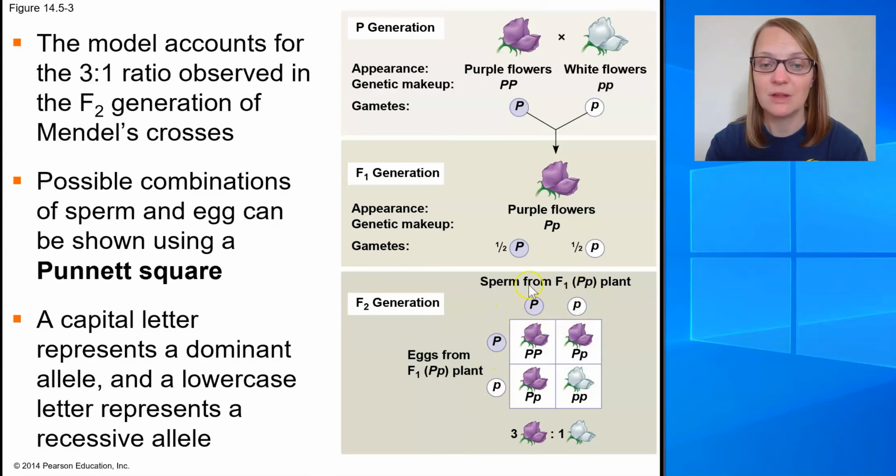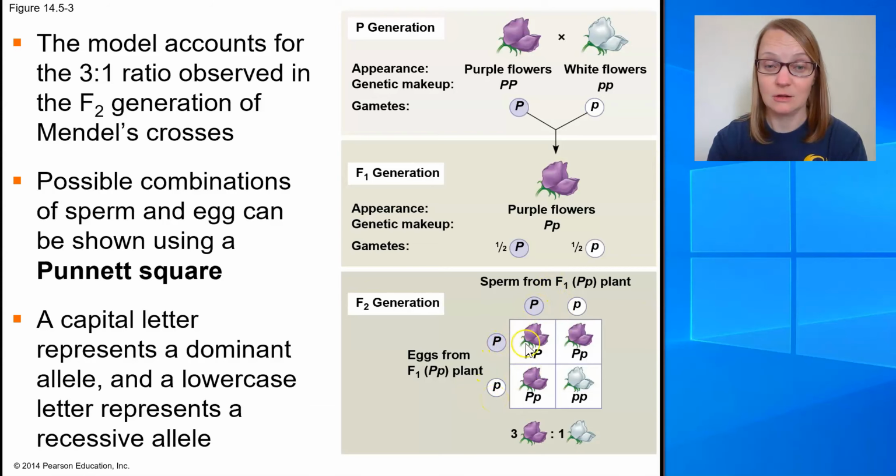So for example, we've got sperm here on the top. Again, sperm can either be 50-50, dominant to recessive. And then on this side, we've got the egg. Again, same idea, because these are also F1 generation females now: 50% of the eggs will have the dominant allele, 50% will have the recessive. And then you cross.